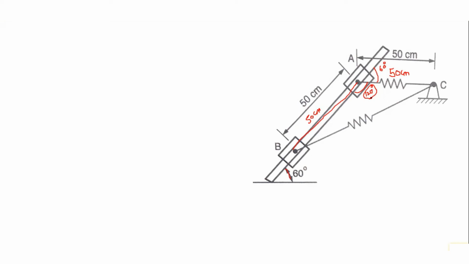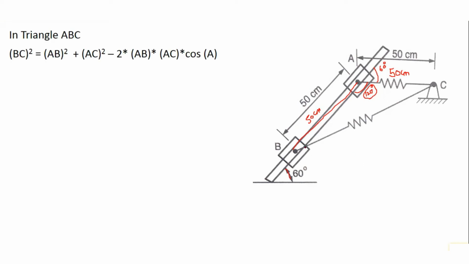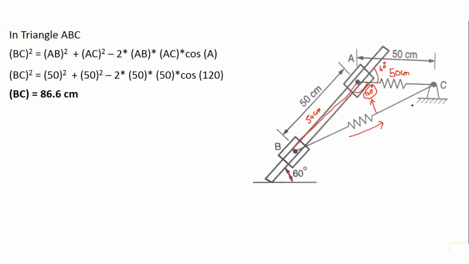So applying the cosine rule in triangle ABC, BC square, this side square, will be equal to AB square plus AC square minus 2 AB into AC multiplied by cos of the angle opposite to this side, that will be cos of A, that is 120. Substituting the values, I get BC, the length of this spring, as 86.6 centimeters, or in meters 0.86 meters.